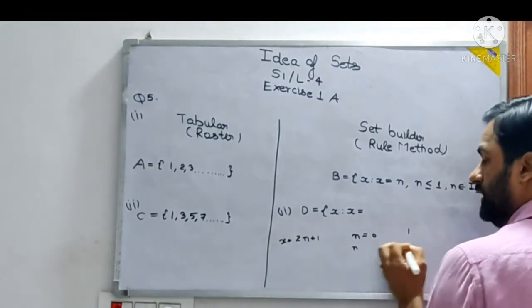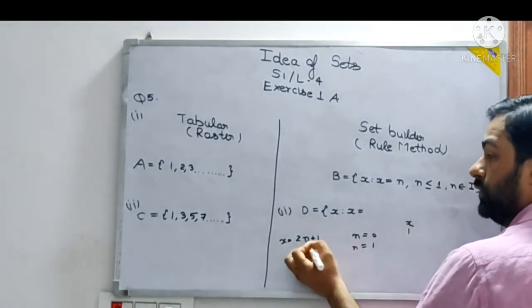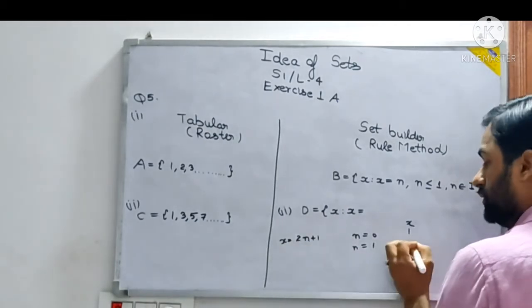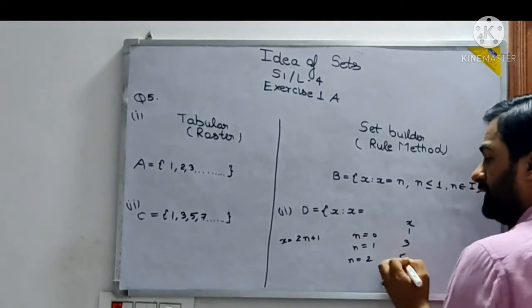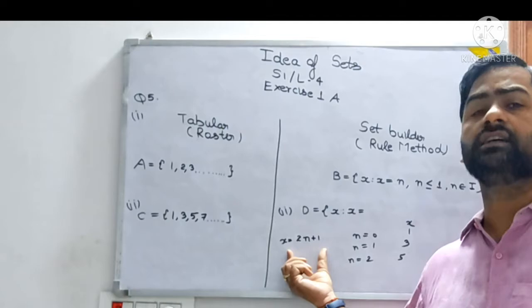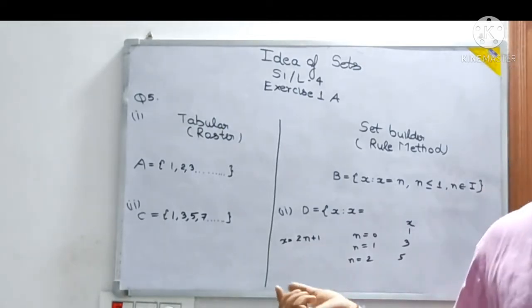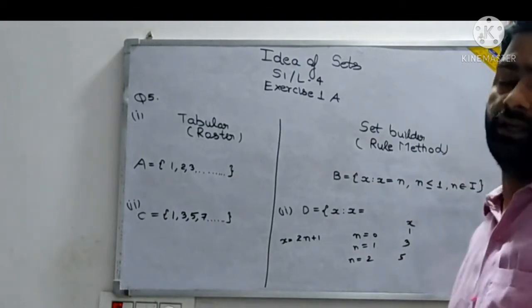So x equals 1. If n equals 1, then 1 into 2 is 2, 2 plus 1 is 3. If n equals 2, then 2 into 2 is 4, plus 1, 5. So can you see that I have made a formula? Basically this is series generation. You will learn this later when developing programs for generating a series of odd numbers.